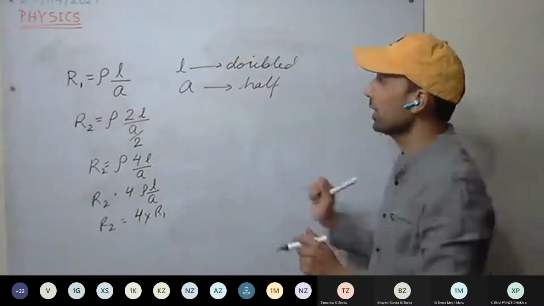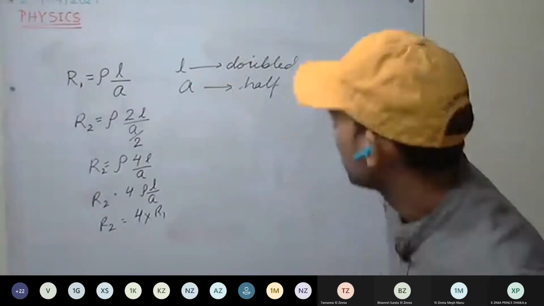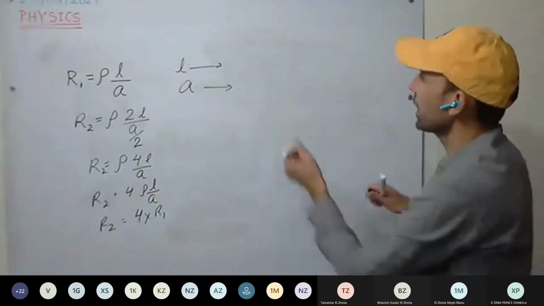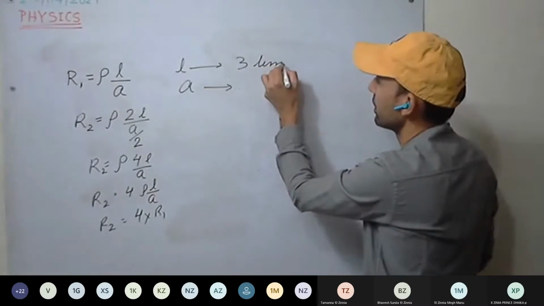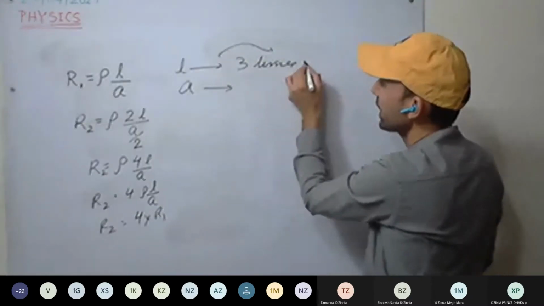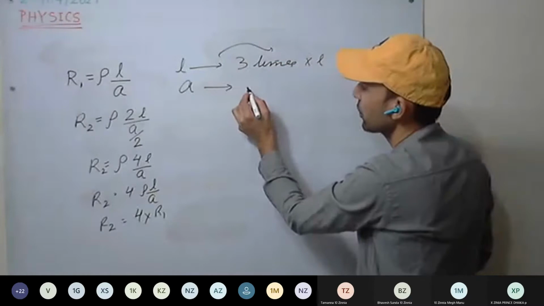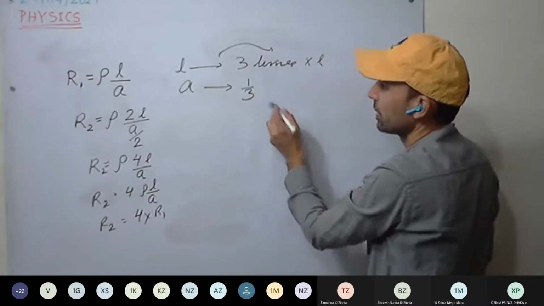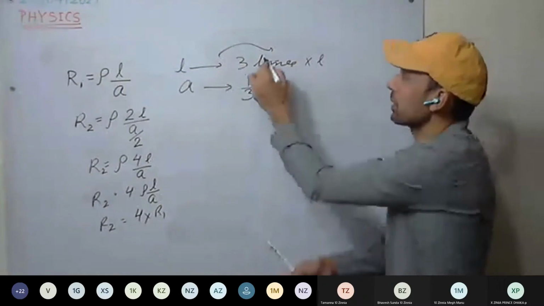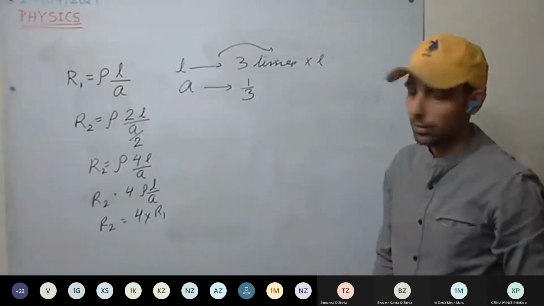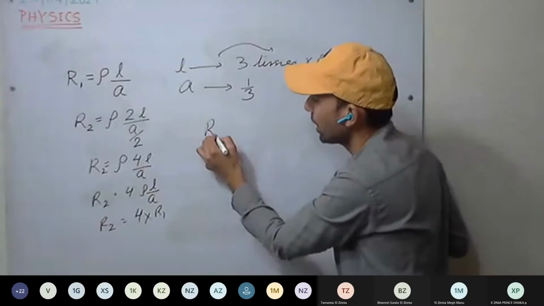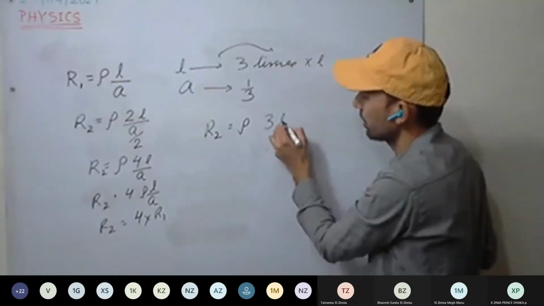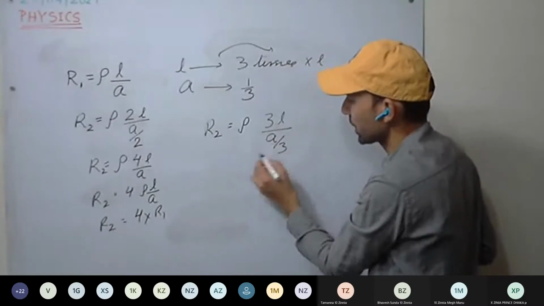Okay. This time we have tripled. If length is tripled, that is, 3 times the length we have made, the new length will be 3 times the length. Area of cross section will decrease to 1/3. This time R2 will be what? R2 equal to rho, length 3 times, area of cross section A by 3.